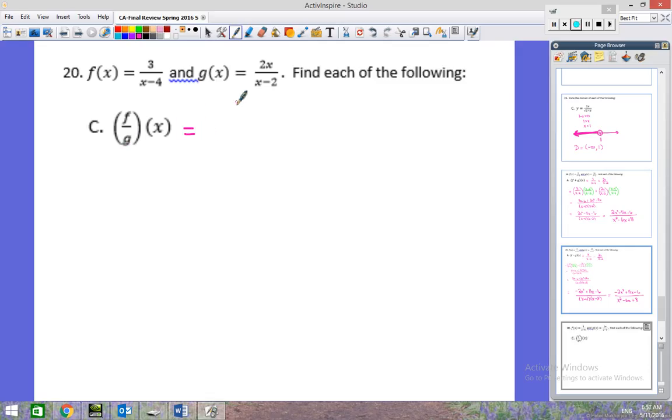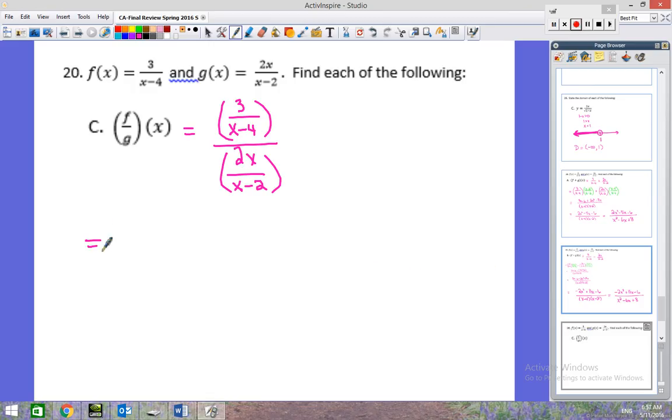Now, if you have 3 over x minus 4, that's the function f, and that's in the numerator, and the denominator itself is a fraction. When you have a fraction within a fraction, they generally refer to this as a complex fraction. And so if students have an anxiety about fractions, they definitely have an anxiety about complex fractions.